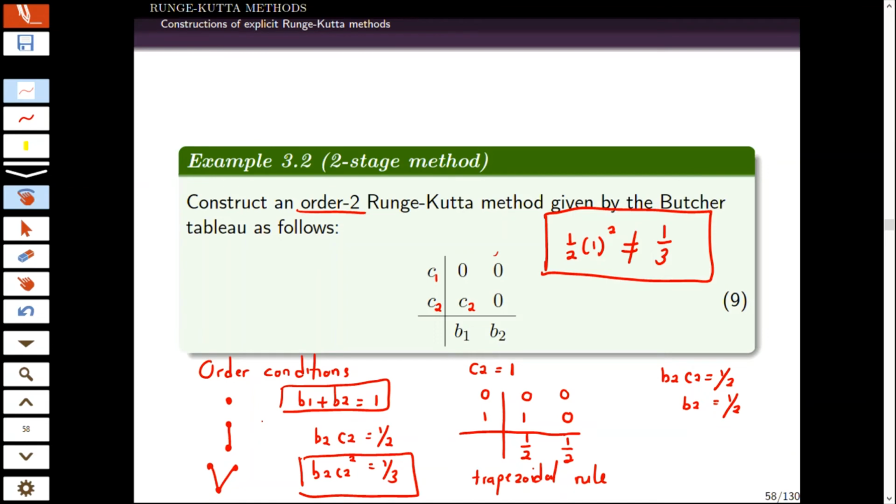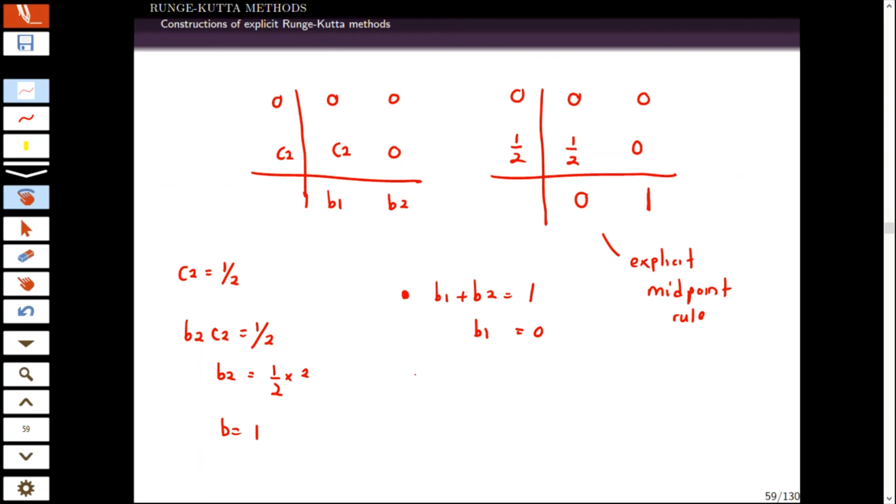Now you can ask me, why can't C2 equal a quarter? Let me show you why C2 can't be a quarter. If C2 is 1 over 4, we have B2 C2 equals to half.